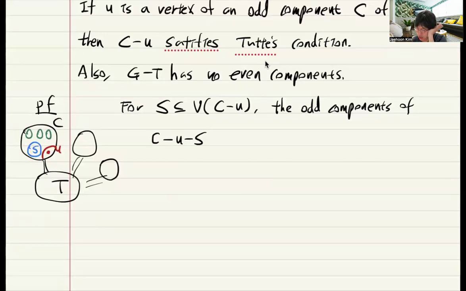Then you can see that this is also an odd component in the original graph if you delete this. Of course, you delete this and then delete this, then this is an odd component.